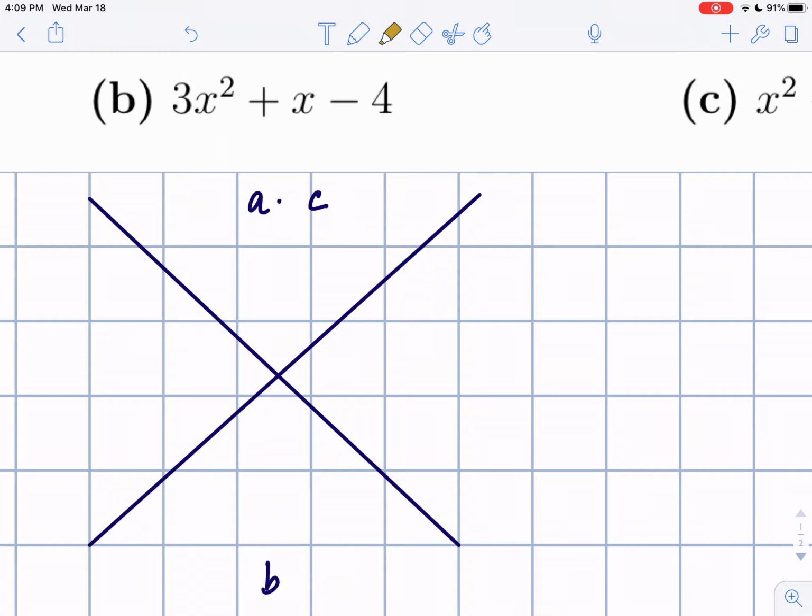So remember, this is our A value up here and our C value here. So that would be 3x squared times negative 4. That's negative 12x squared. And then our B value is just what's in the middle, so that's plus 1x.